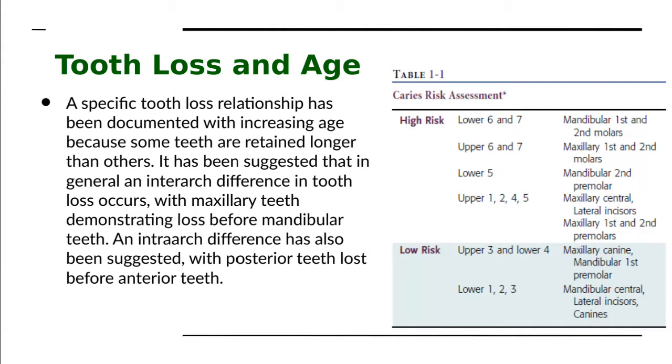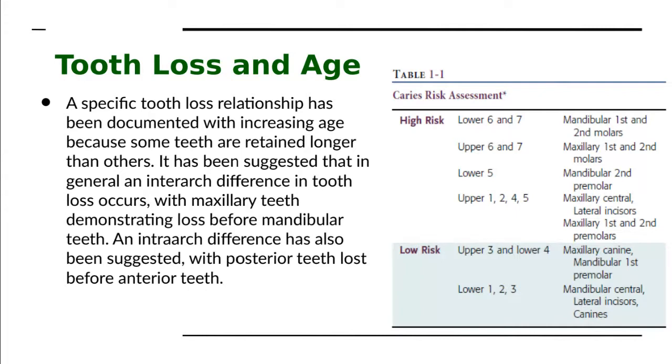Now coming to the low risk regions, the upper third and the lower fourth. What are the upper thirds? The upper thirds are the maxillary canines and the mandibular first premolars. The lower thirds are the mandibular first premolars.